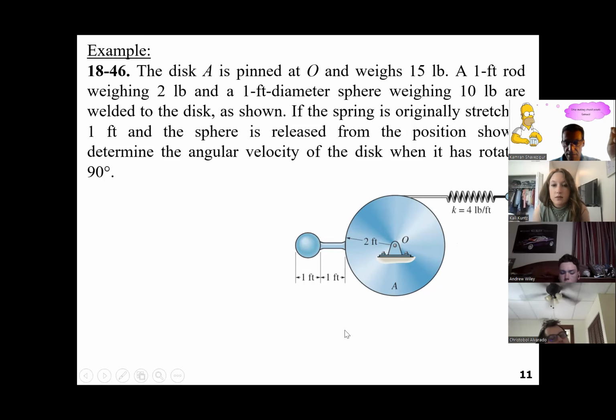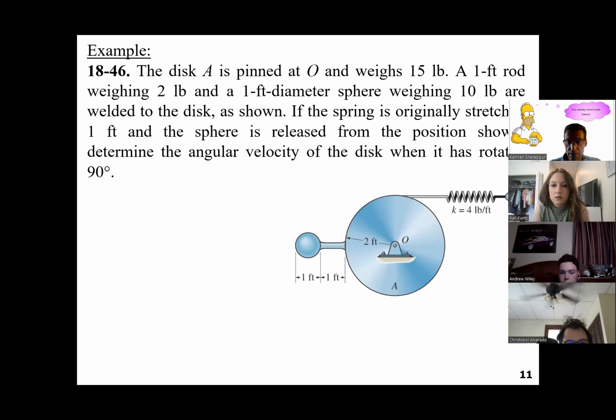Obviously, this is going to rotate, going down. The problem says find the angular velocity of this rigid body, remember, everything is welded together, when it rotates 90 degrees, which means this sphere goes down here. All the numbers are given, the dimensions and everything.